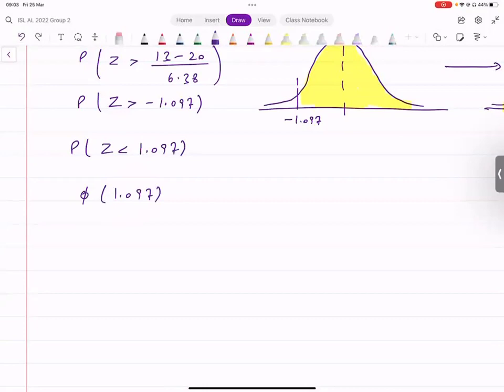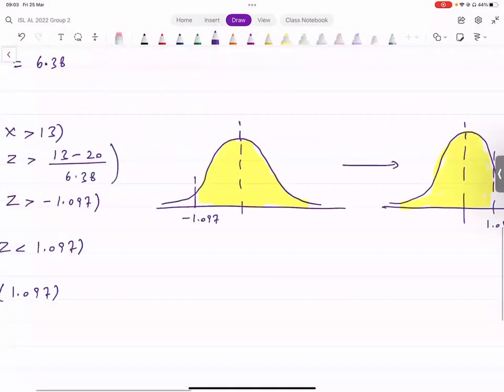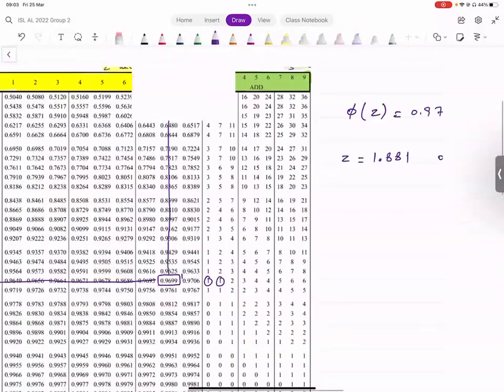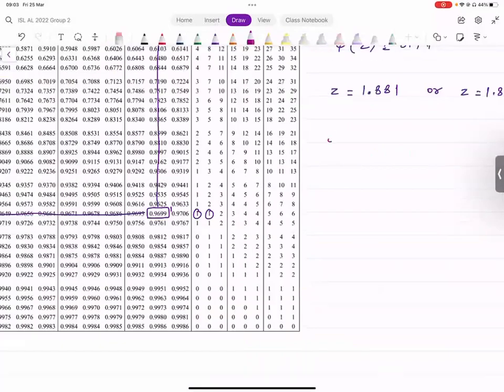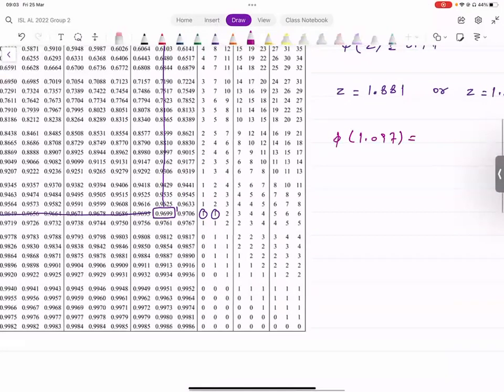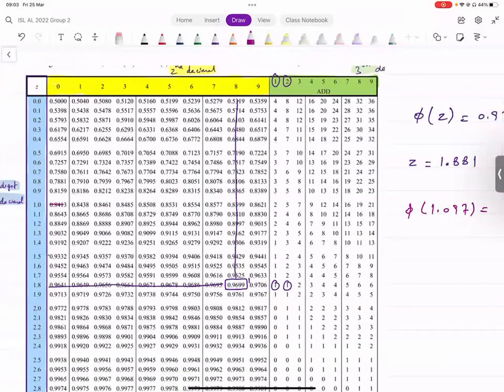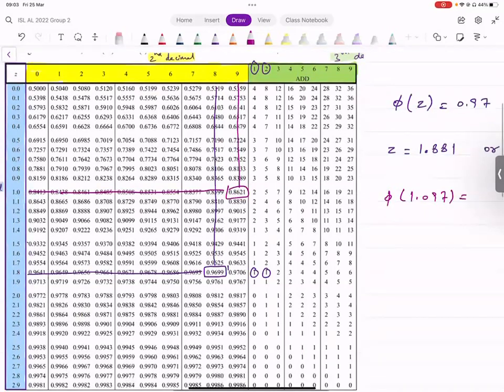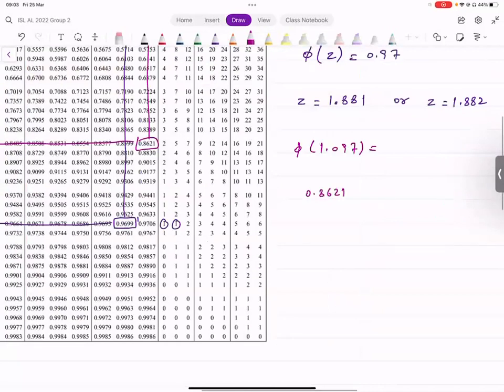ये आपने जाके table से value देख लेनी. Z की value 1.097 है, उस पर probability देख लें क्या आती है. Let's do this quickly. 1.097. So we got 1.09. This is 0.8621.